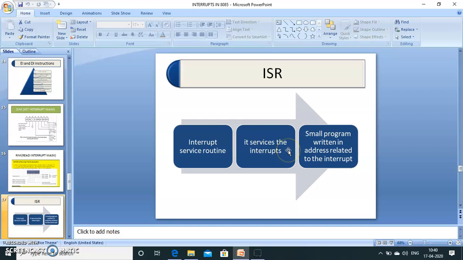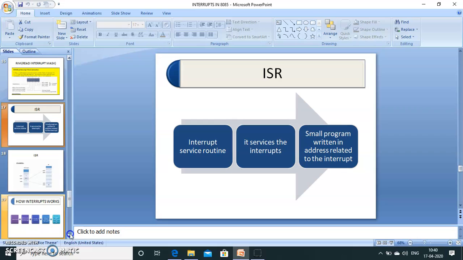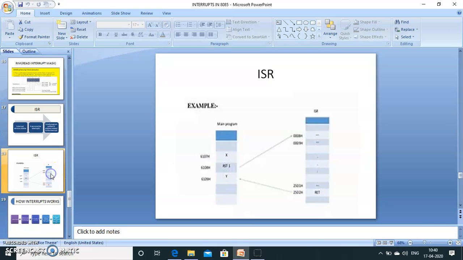It is a small program, written at the vector address related to each interrupt, that services the interrupt. When an interrupt comes, the microprocessor, currently running the main program, stops and jumps to the ISR at the related vector address. After completing the ISR, with the last instruction being return, it goes back to the main program.